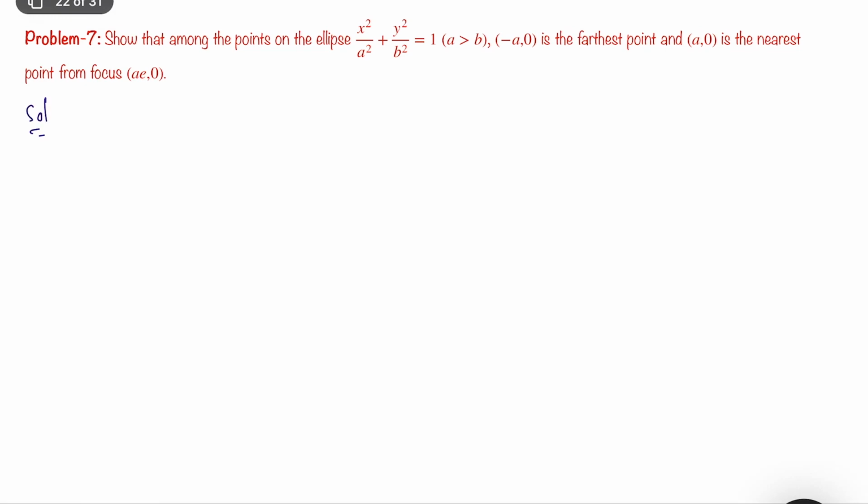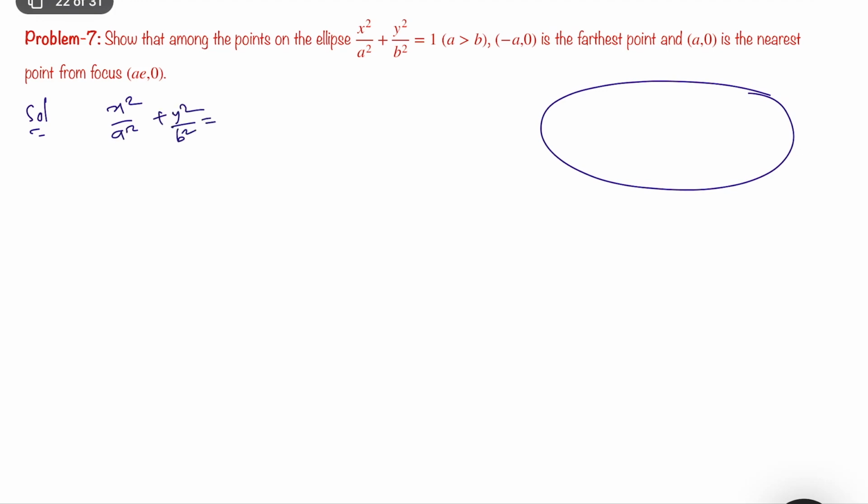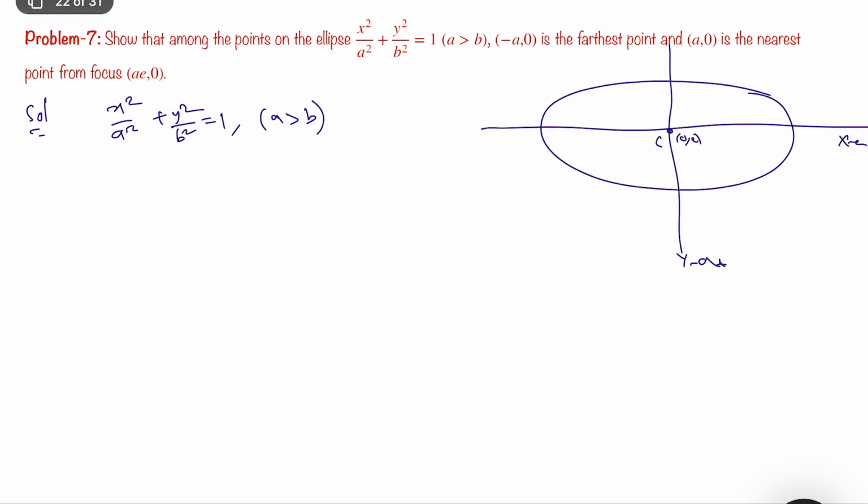Okay, here we have a standard ellipse whose equation is x square by a square plus y square by b square equal to 1. Here a greater than b case, so we have a short and fat ellipse like this. So this is the x-axis, y-axis. Here we have center (0, 0). These are the vertices A dash, okay.